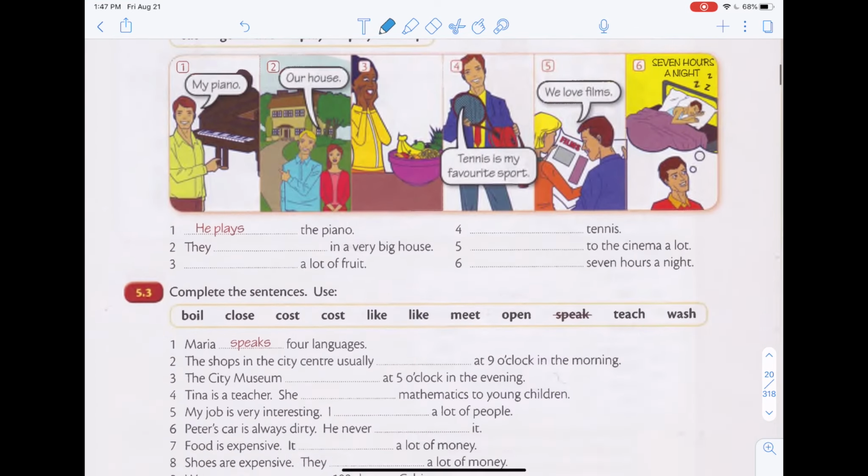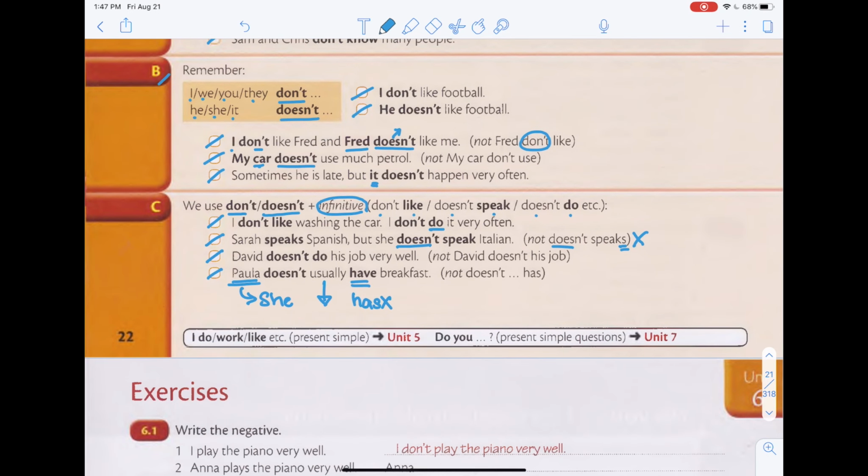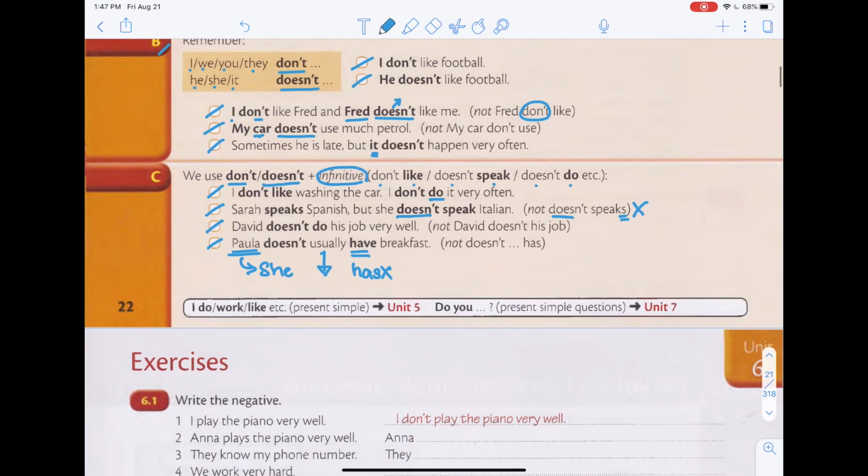Alright, so you still have to use sometimes, often, never, always. You can still use them, but just use them before the verb. Okay, Paula doesn't usually have breakfast. Just like this. Okay, so that is all for the grammar.